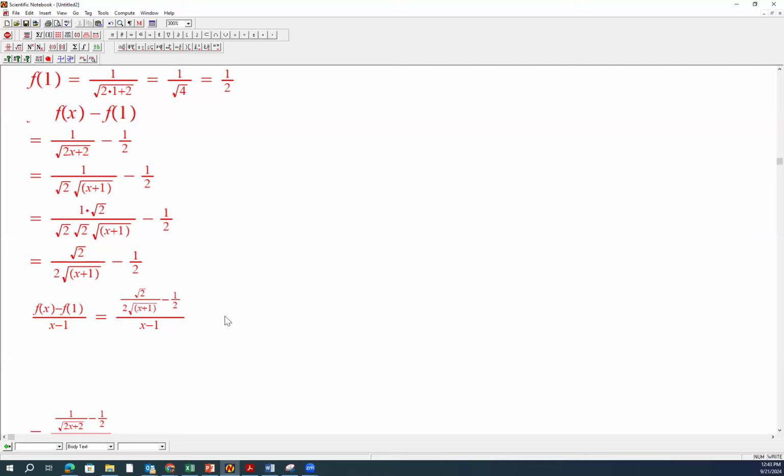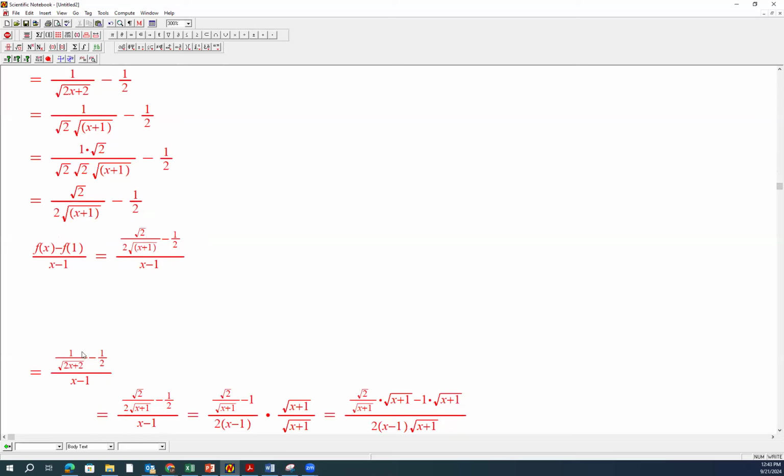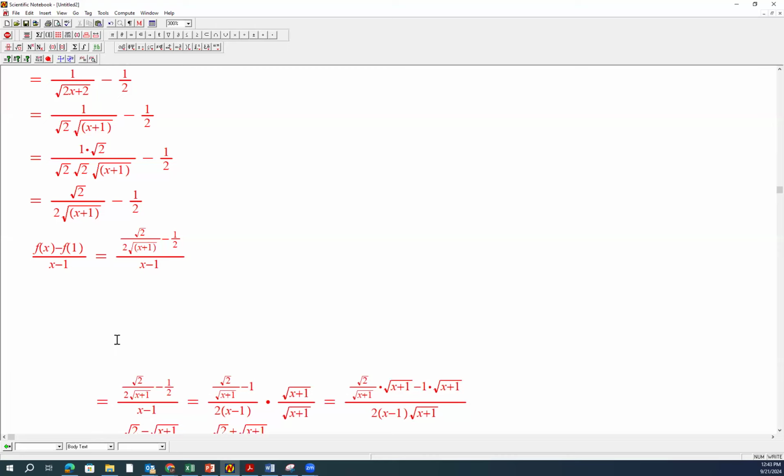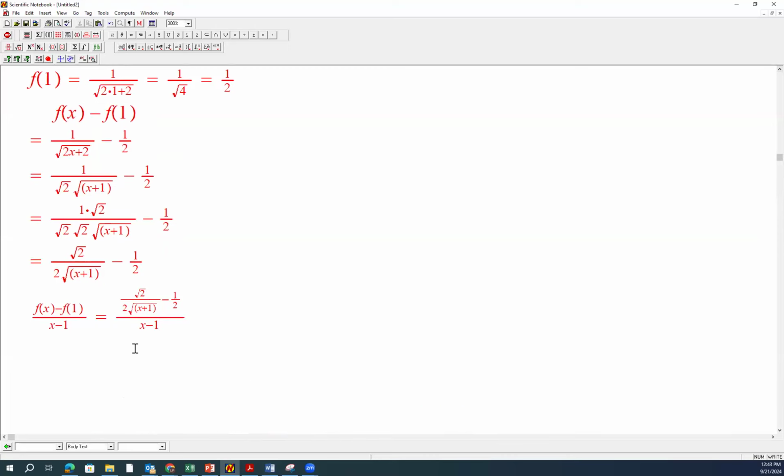Of course, the technique to deal with this complex fraction would be to simplify the complex fraction, okay? Before we simplify it, there are a couple of things you can do, and this is optional. We can multiply the top by a 2 and multiply the bottom by a 2, okay?